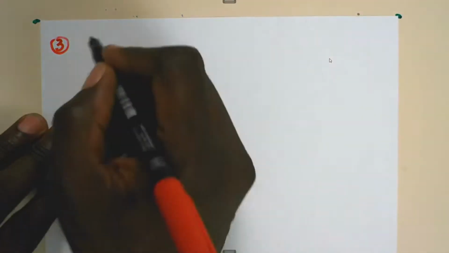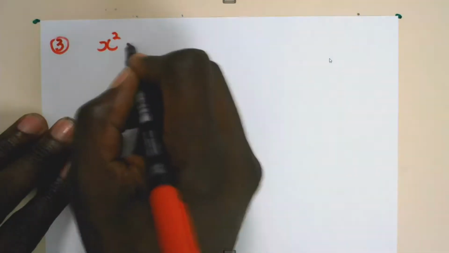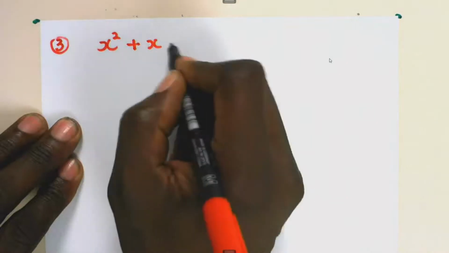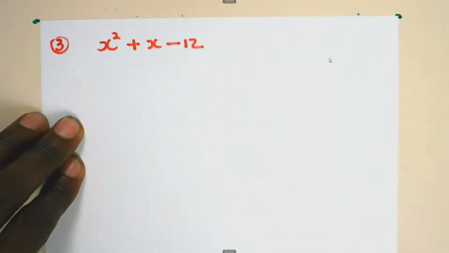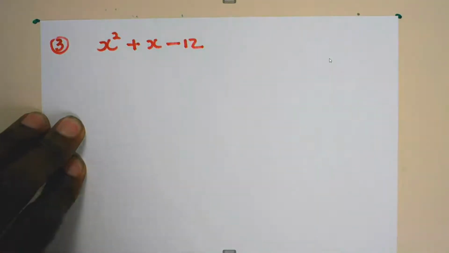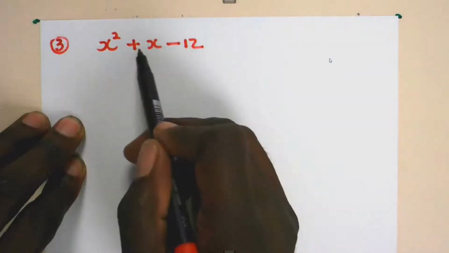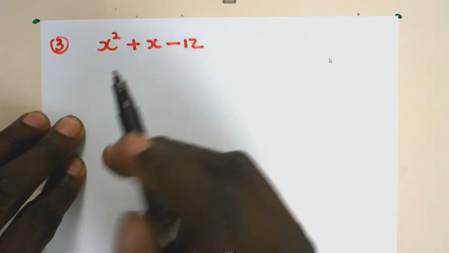Come to example number 3. Example number 3 is x squared plus x minus 12. Same way as I indicated when I was explaining all these operations and the number 12, what do they mean?